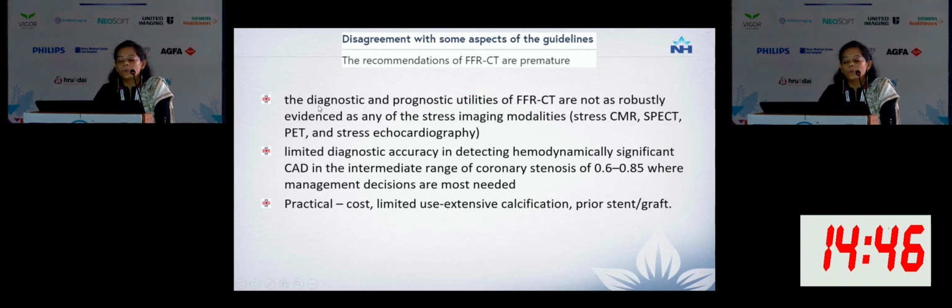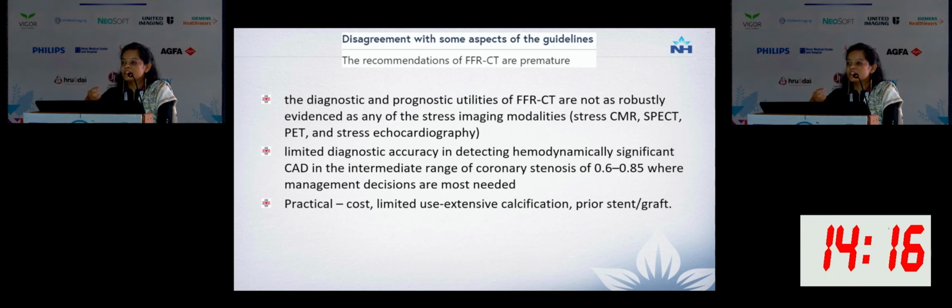To summarize it, it said that the diagnosis as well as prognosis by CT-FFR is not as robust as any of the stress imaging modalities, whether it is stress CMR, SPECT, PET, or stress echo. They also added that CT-FFR has limited diagnostic accuracy in detecting hemodynamically significant coronary artery disease in the intermediate range of coronary stenosis. And this is usually one of the major reasons why functional testing is done.